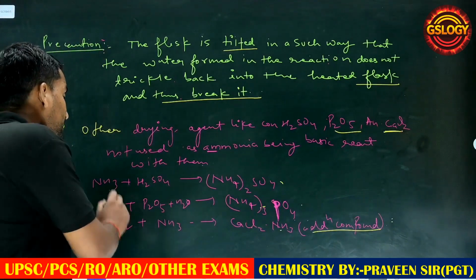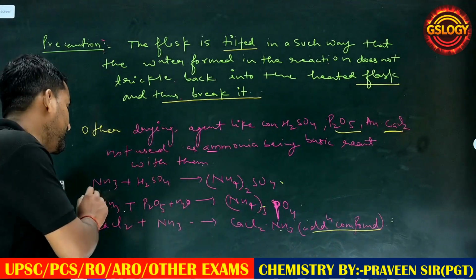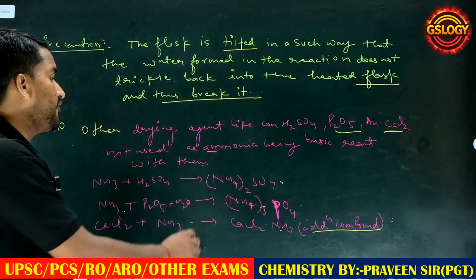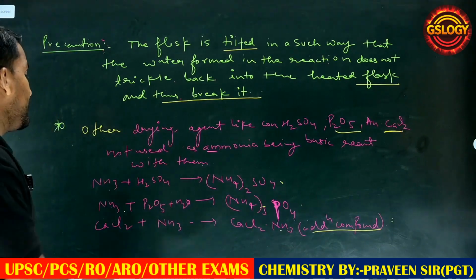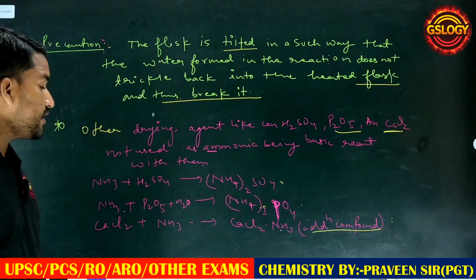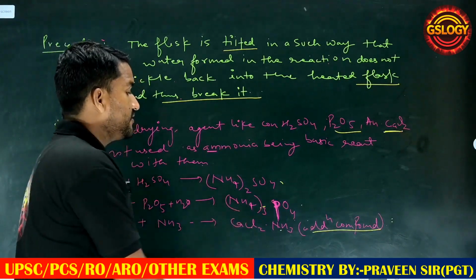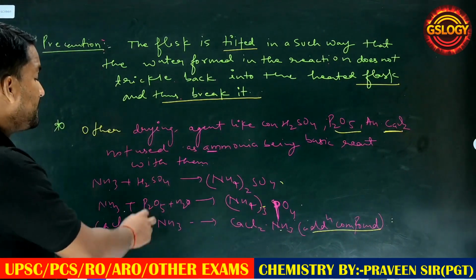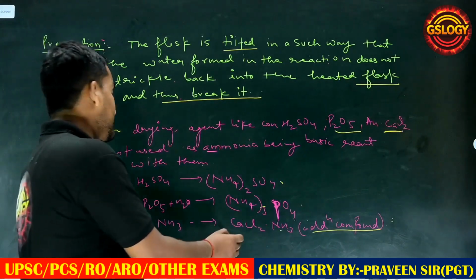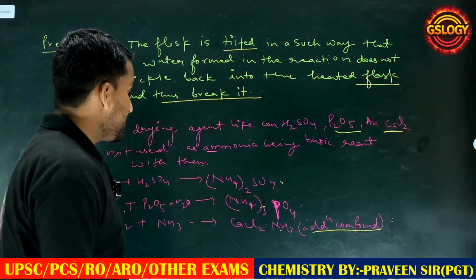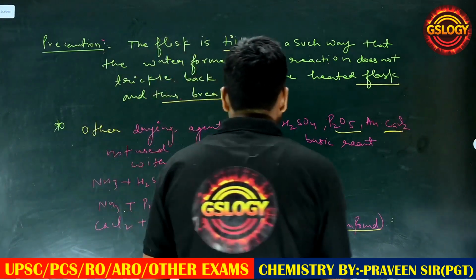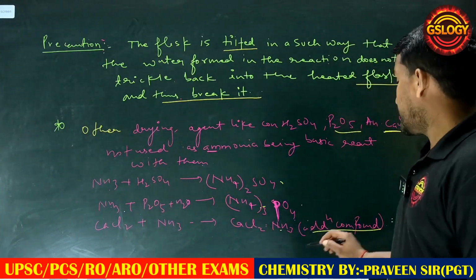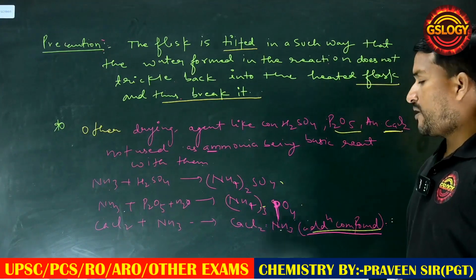Okay, ammonia is basic in nature and H2SO4 is an acid, so it will form ammonium sulfate. Ammonia reacts with phosphorus pentoxide and forms ammonium phosphate. And calcium chloride reacts with ammonia to form an addition compound, CaCl2·8NH3.